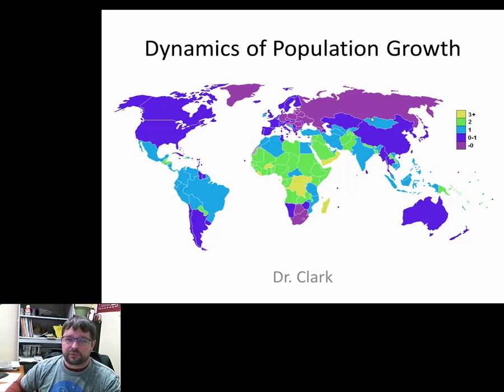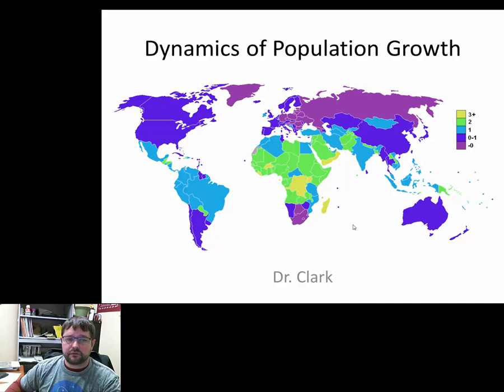So everything that's in purple, so Siberia, Greenland, parts of Africa, the southern tip of Africa, have no growth. They might even have minus growth in these regions, so negative growth. Anything that's in purple is little growth, so it could have no growth, or it could be up to 1%, but not surpassing 1%. Light blue is 1%, 2%, and then 3+%.